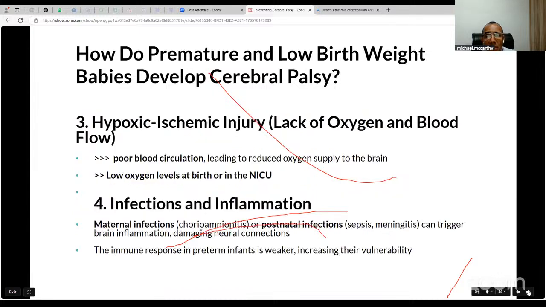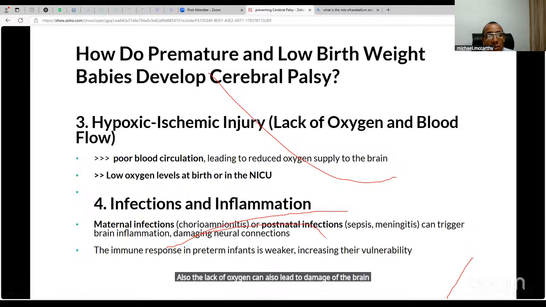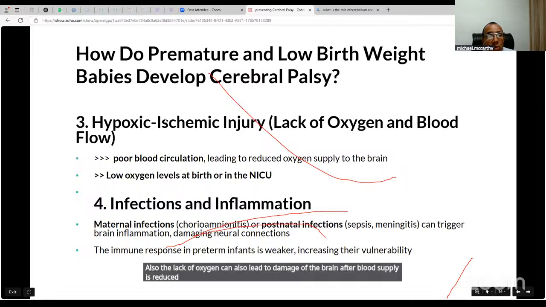Also, the lack of oxygen can also lead to damage of the brain as the blood supply is reduced, and so we need to really look at that aspect.